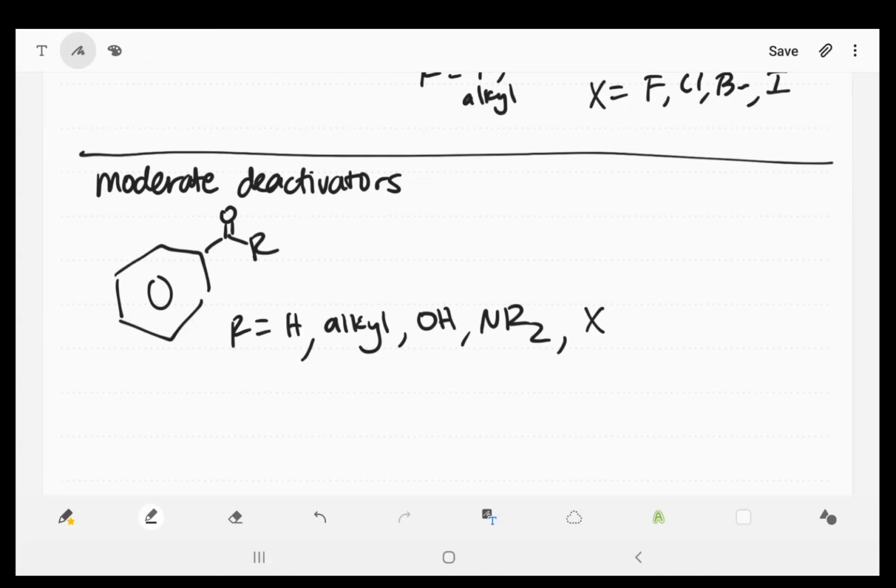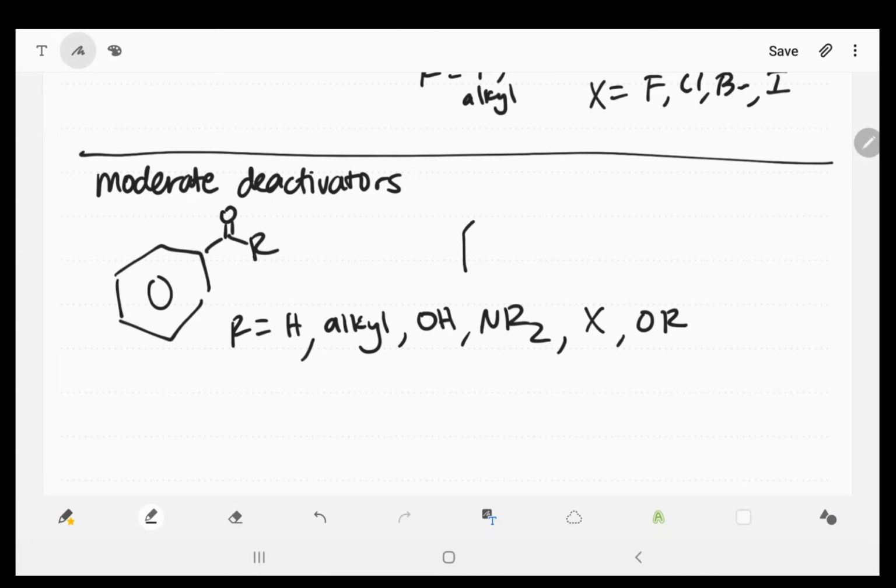We saw that esters, I should put that, esters that had the non-carbonyl oxygen towards the ring are moderate activators. But if we have the opposite case where we have the carbonyl side close to the benzene, they're moderate deactivators. So they're going to withdraw electron density instead of donate it in.